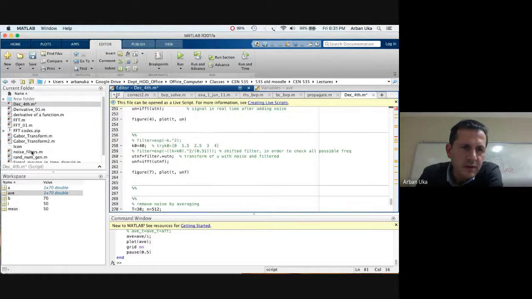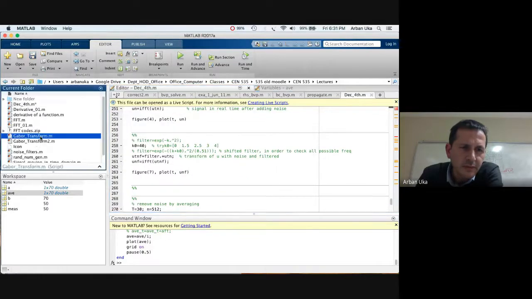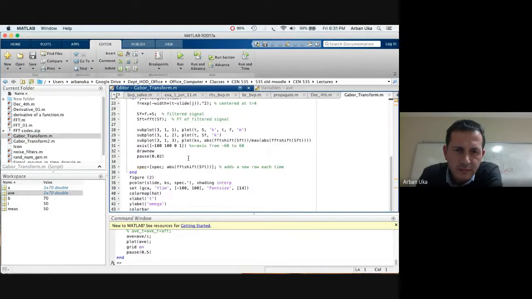Wait a second. Okay, I want to see this. Apparently x and y, they're just written like this. Okay, no commas. I made a mistake then.